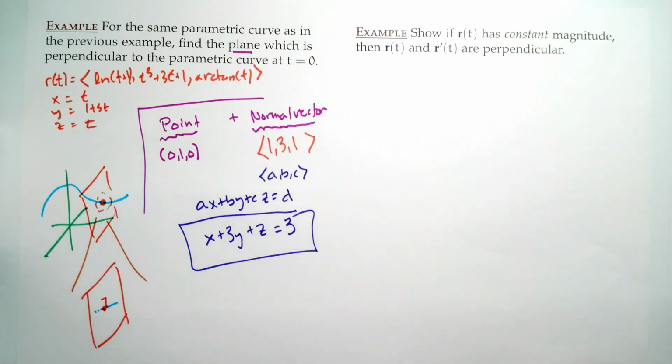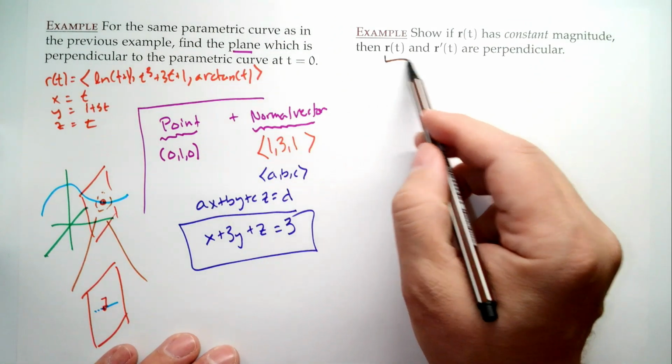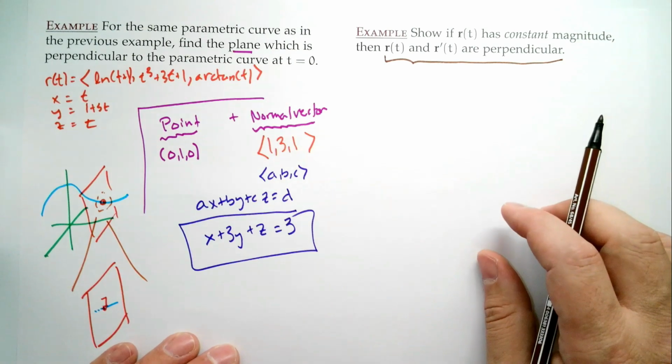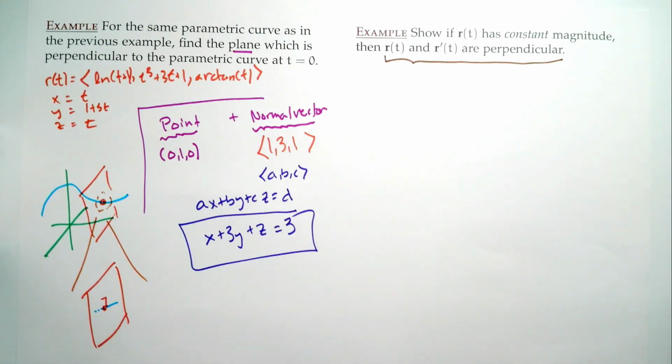So that's our goal. If we have something which has constant magnitude, then its derivative is perpendicular to location. So, interesting. Now, let's think about how we could figure this out. First off, how do we know if two things are perpendicular? Dot product is 0.